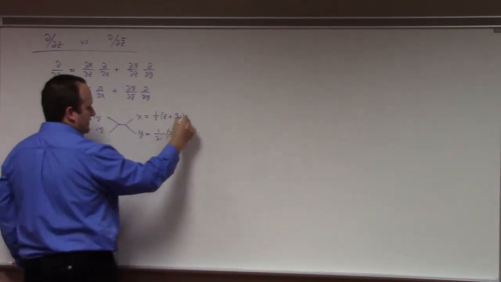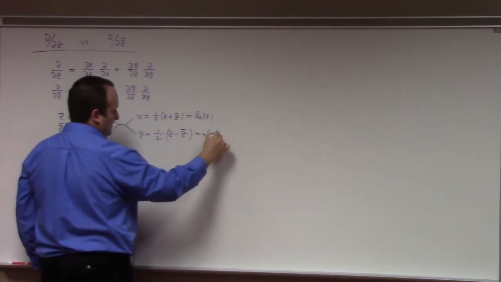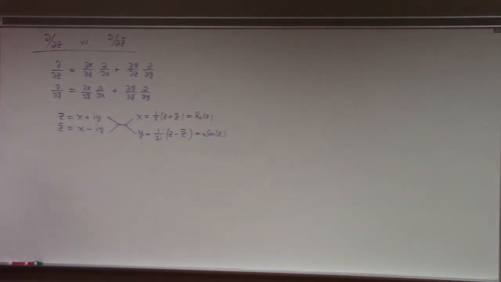You should remember these. This is the real part of z, and this is the imaginary part of z. If you like, these are the projections onto the real and the imaginary axis respectively. So you tell me what those partial derivatives are up there. What would they be?